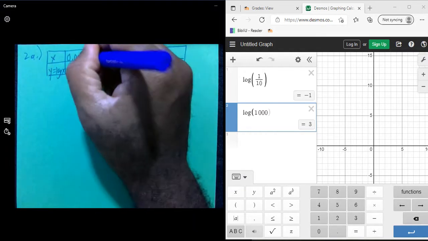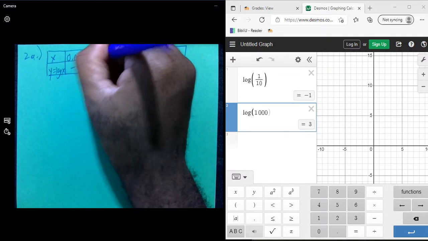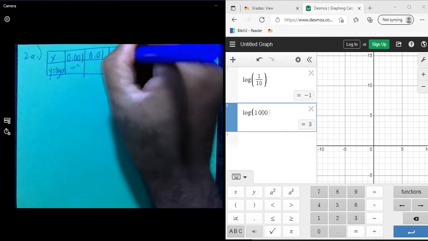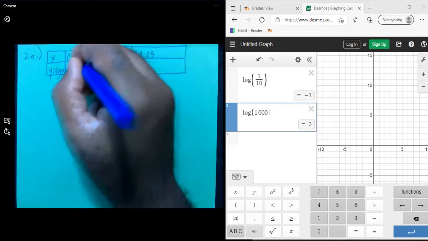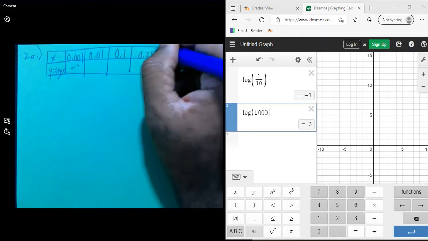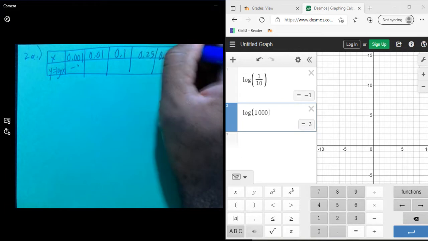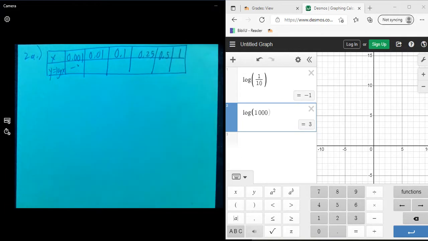We have 0.001, 0.01, 0.1, 0.25, 0.5, and then also 1. Now it says complete the following table using your calculator. And I already read this about rounding your answer to the nearest 10th.